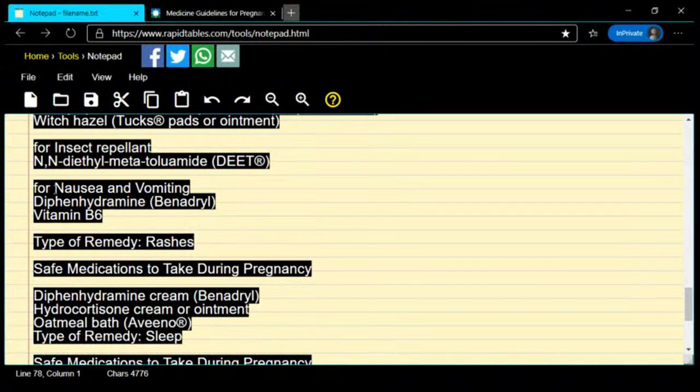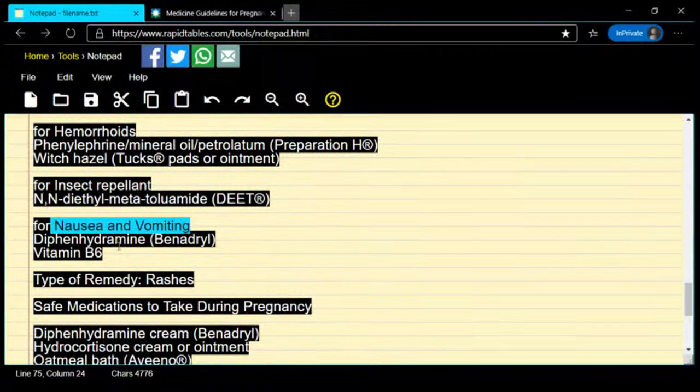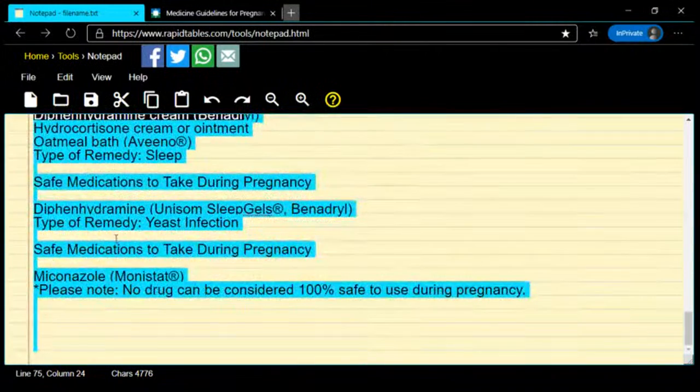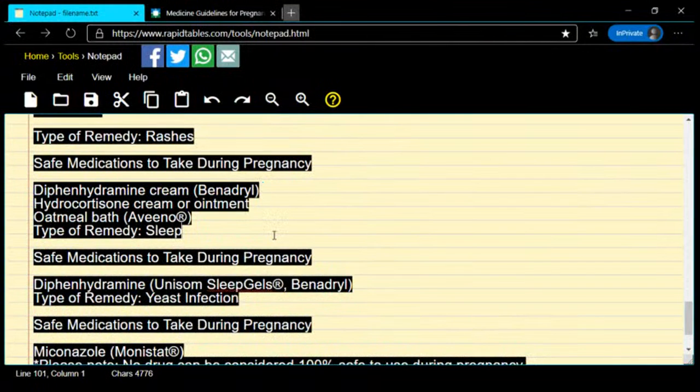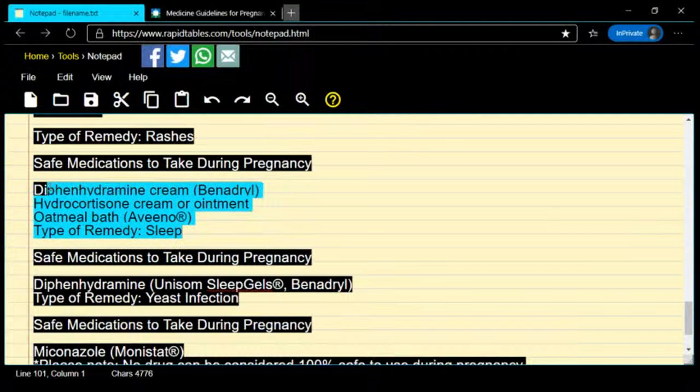Vitamin B6 is taken for nausea and vomiting. Of course, we'll be writing all of these medications on a piece of paper in order to remember and to do research.